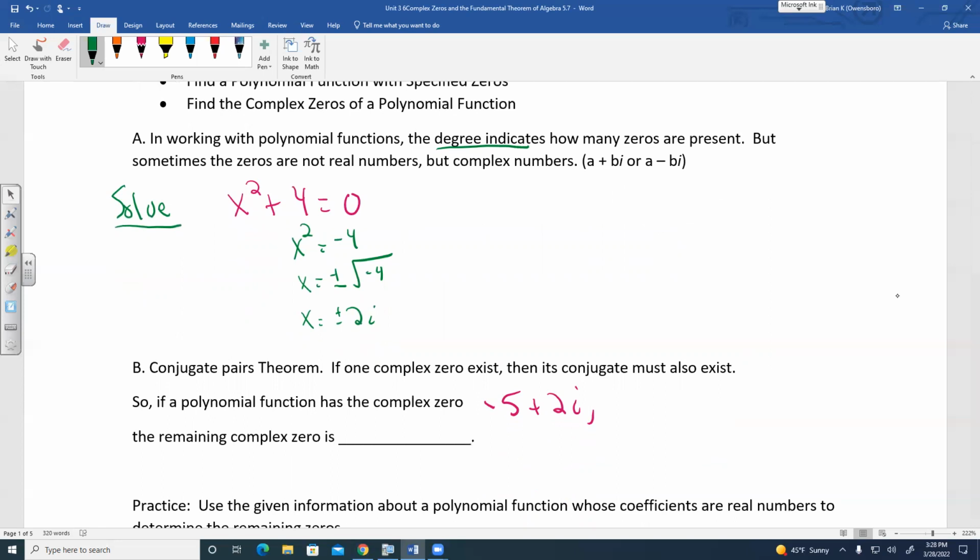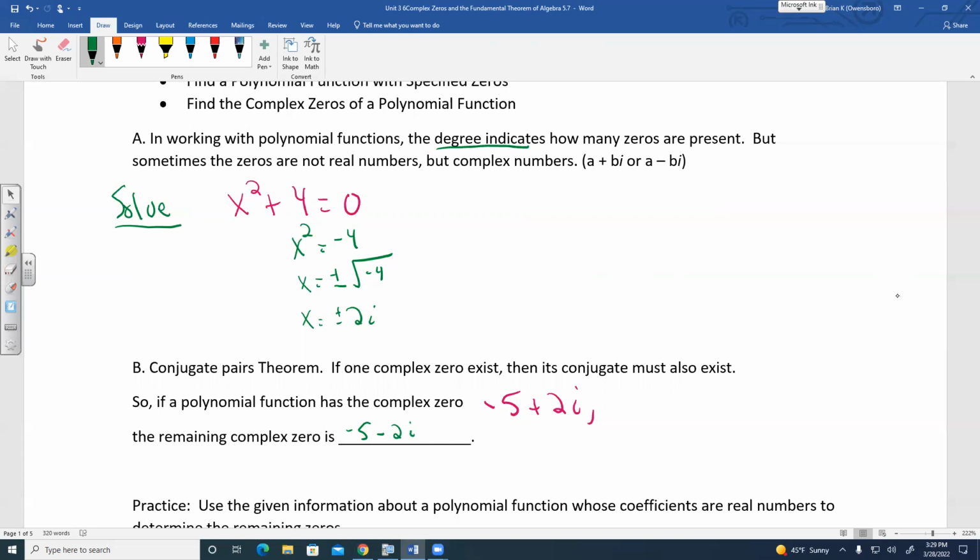So in the conjugate pairs theorem, if one complex zero exists, then its conjugate must also exist. So if a polynomial has the complex zero -5 plus 2i, the remaining complex zero is its conjugate. So it would be -5 minus 2i. That would be its conjugate.